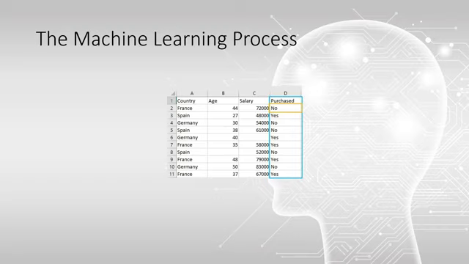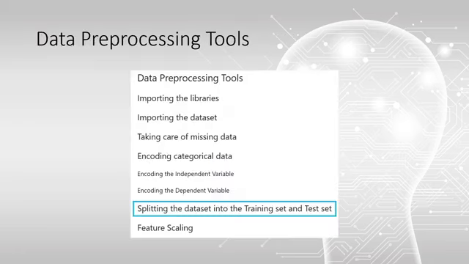After this, I'll show you how to split the data set into a training set and a test set. And that step is very important because each time you want to train a machine learning model, you have to create two separate sets. One training set where you are going to train your machine learning model to understand the correlations inside your data set, and one test set that you are going to use to evaluate your machine learning model.